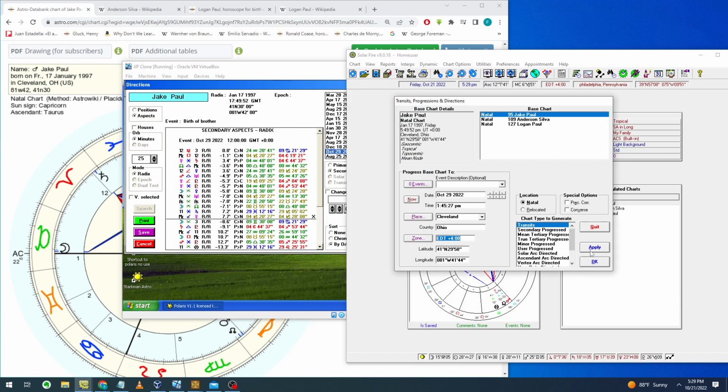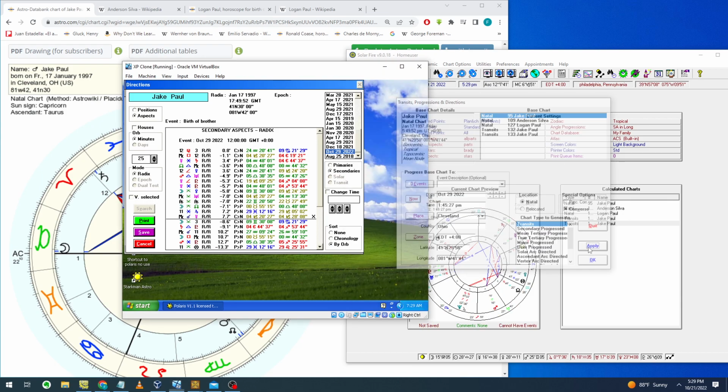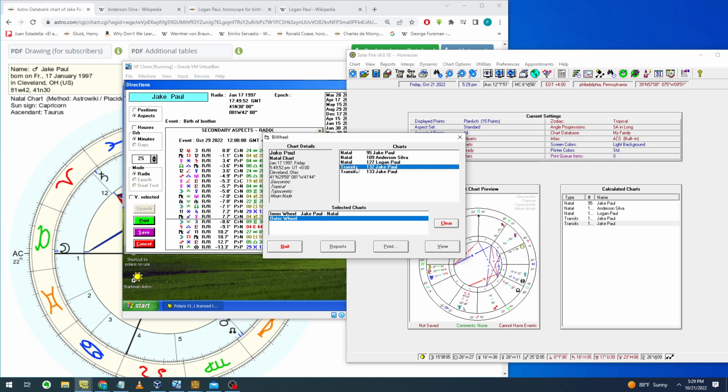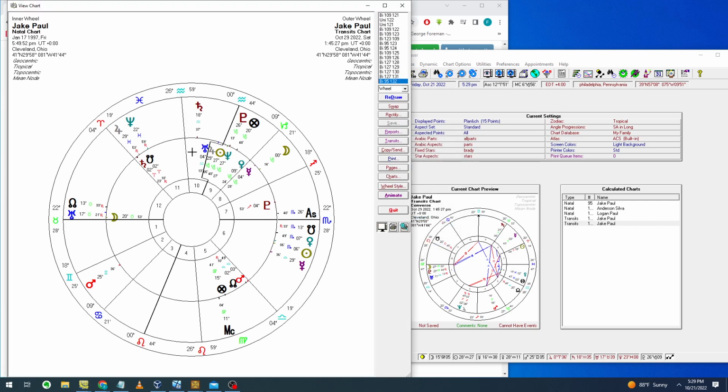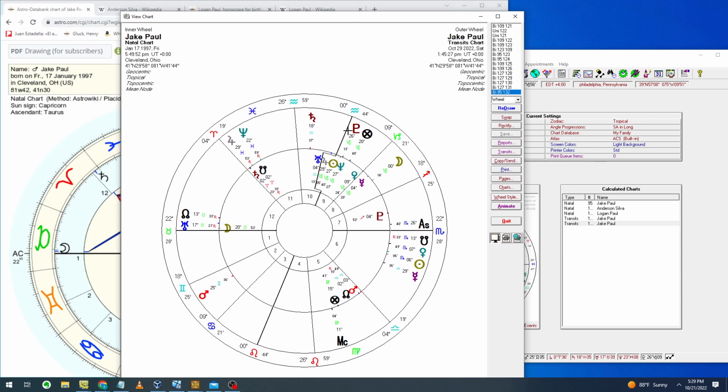So we have that on our side, and if we cast just transits for the date of the event, well, we have Jupiter in a very tight sextile with the midheaven. Look, the problematic transit here is this Pluto right on top of the midheaven. I still remember in studying the horoscope of Conor McGregor, he had a very long win streak, and when Pluto was here, it produced his first loss.